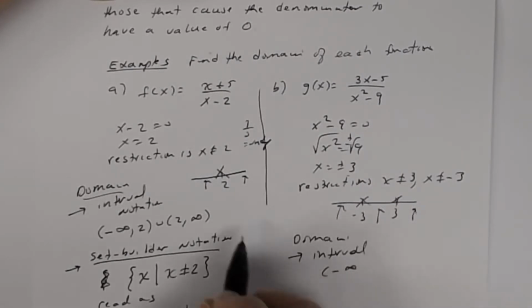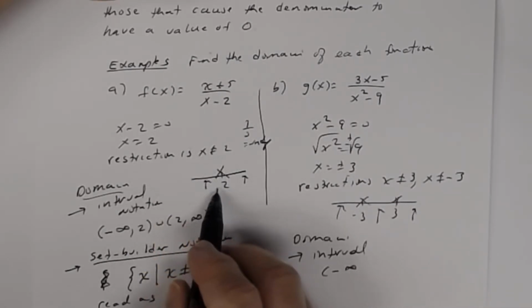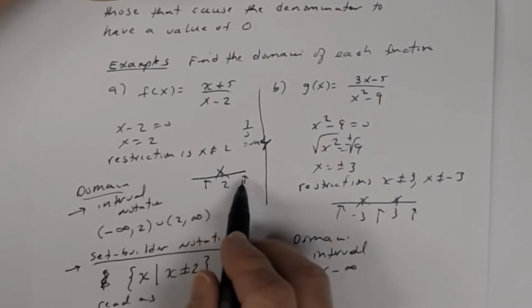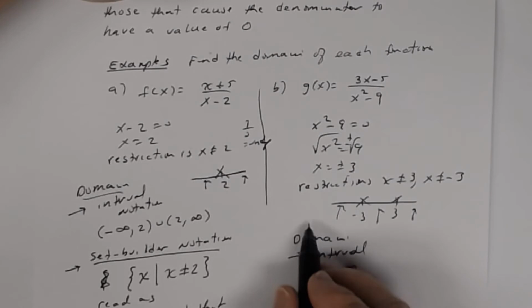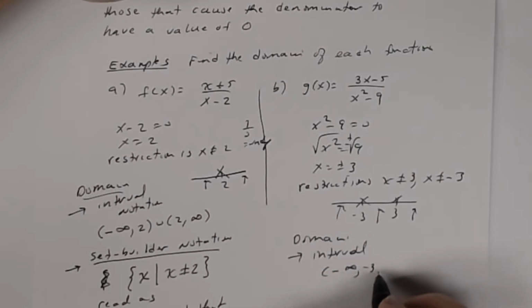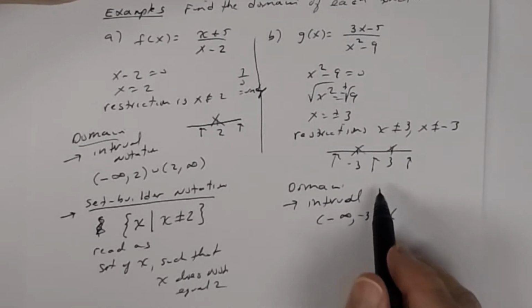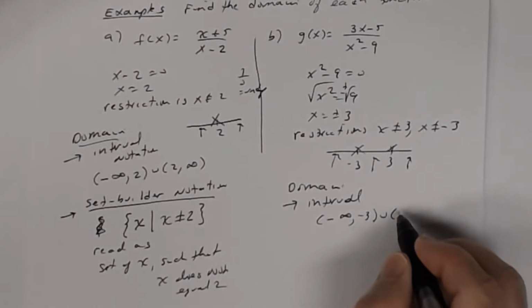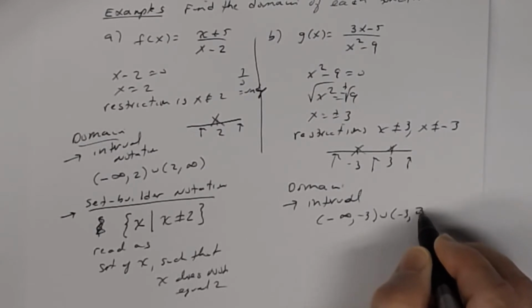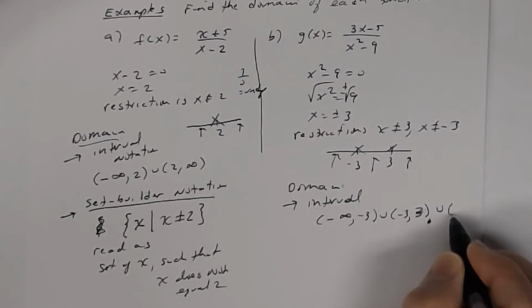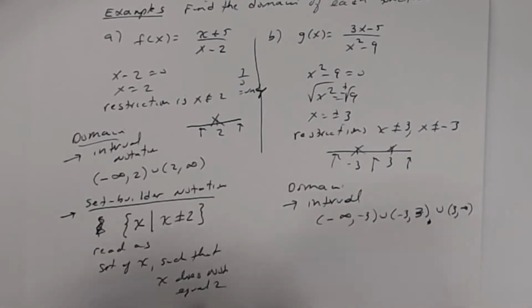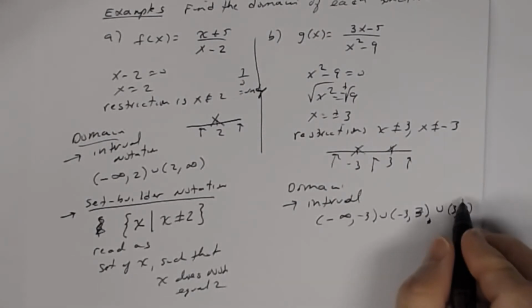Before, there was only one restriction, which divided the number line into two intervals. Two restrictions divide it into three intervals. So you go from negative infinity to negative 3, union, those are parentheses, because negative 3 and 3 cannot be in the domain. From negative 3 to 3, make sure you put them in order, parentheses, union, and then 3 to infinity.